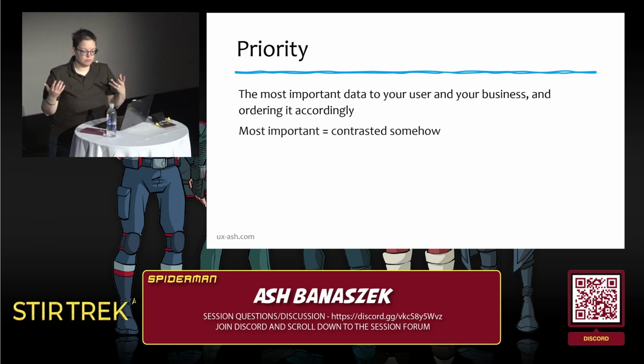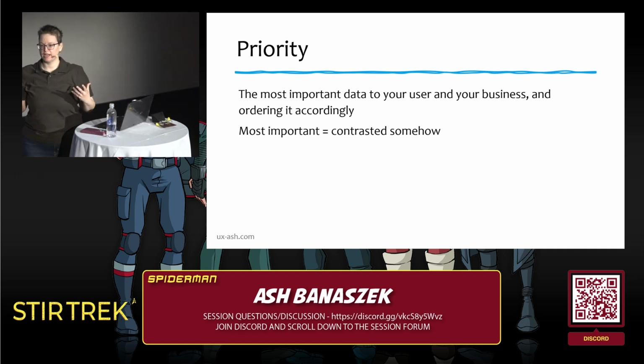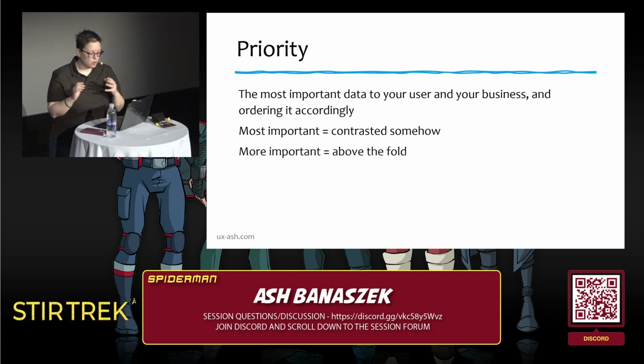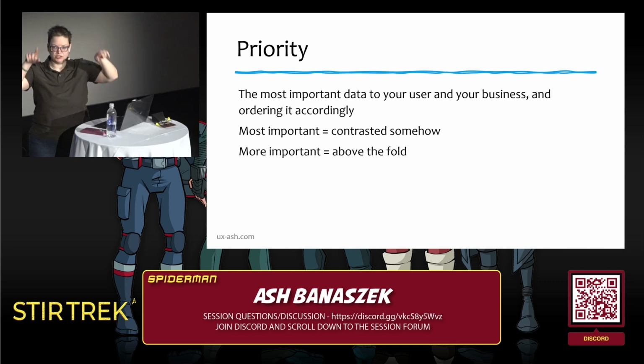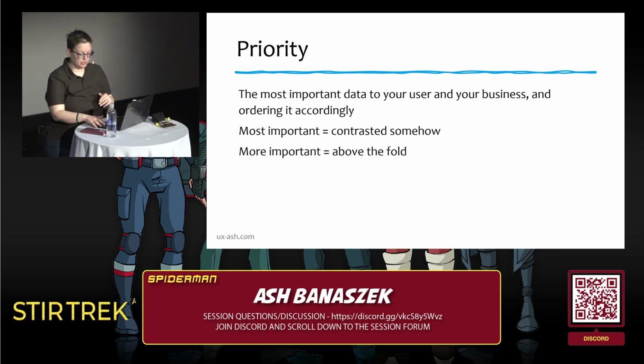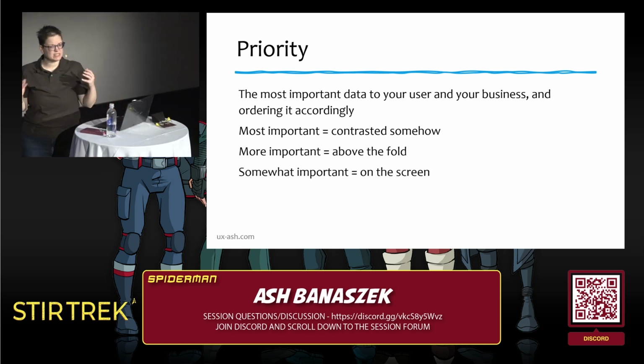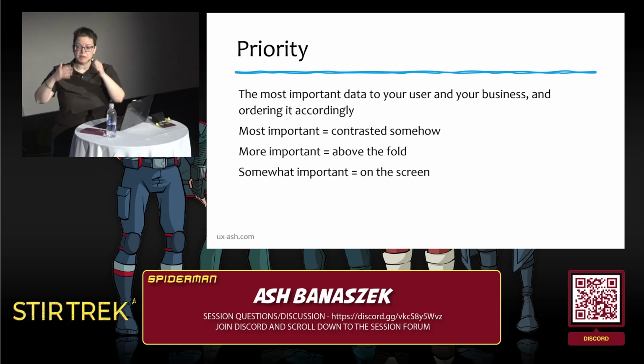So most important is often contrasted somehow, or it's given priority seating on your page, right? The more important, it needs to be above the fold. And when I say the fold, I mean what you can see on your screen before scrolling, okay? Either vertically or horizontally, although I would recommend avoiding horizontal scrolling. If it's somewhat important, it needs to be on the screen somewhere, even if you have to scroll for it.